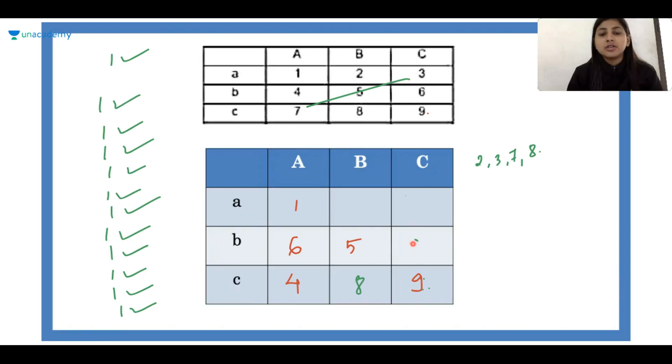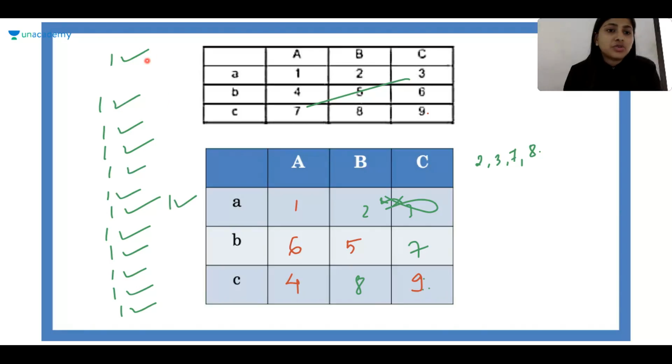Put 3 here. 2 and 7. Still works. But if you exchange it, it will not work because 2, 5, 8 will be in one column. So it will not work if you exchange it. Last case, 7, 2, 3 or 3, 2. Both will not work. That's it.